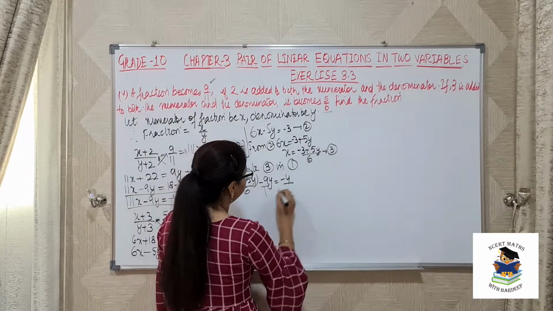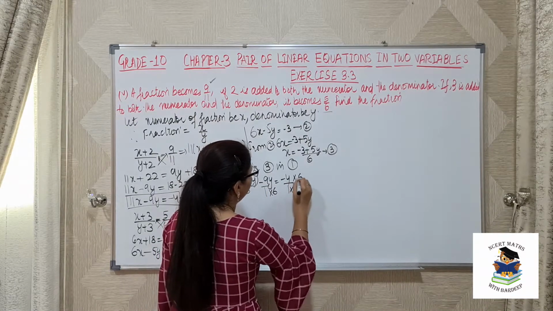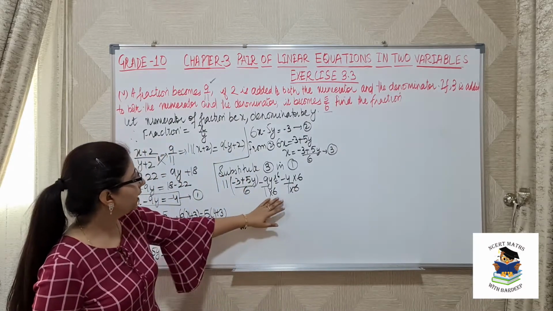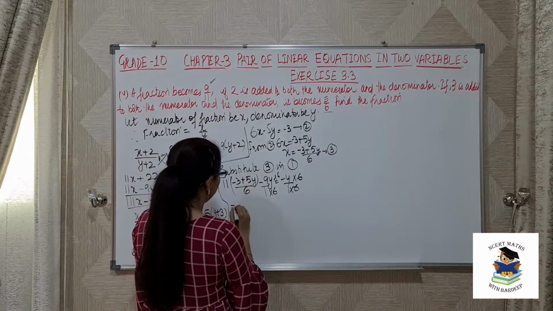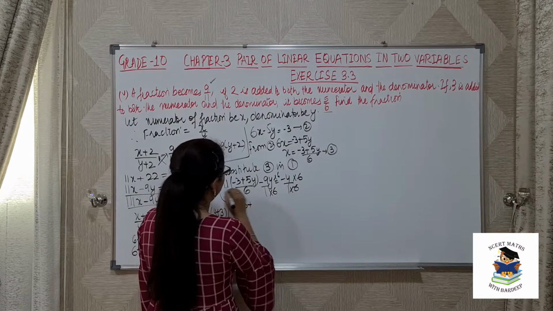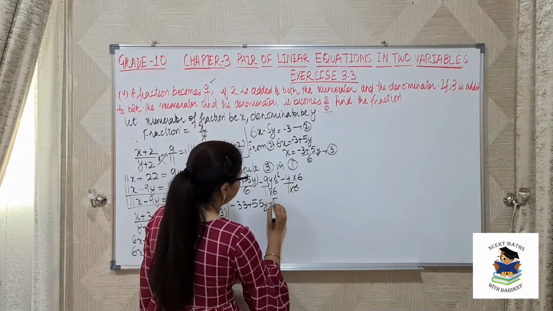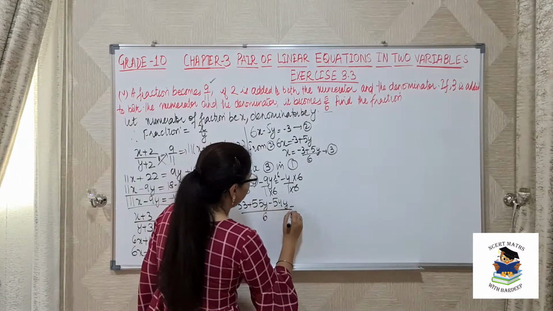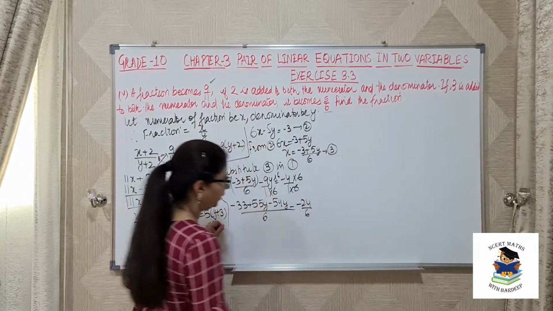So let's take LCM. So 6 and 1 LCM has 6. So that we can eliminate our denominator. Okay. So now open this. 11 into minus 3 is minus 33. 11 into 5 is 55y. 9 into 6 is 54y. Divided by 6 is equal to minus 6 into 4 is minus 24 by 6.